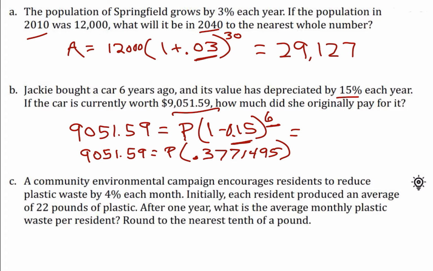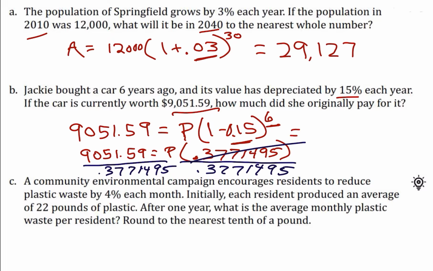Now I'm trying to solve for P. I'm going to change the color so you can see what we're doing. I'm going to divide both sides by the decimal 0.3771495. If I do that to both sides, that will cancel. It's great if you can just keep that stored in your calculator.